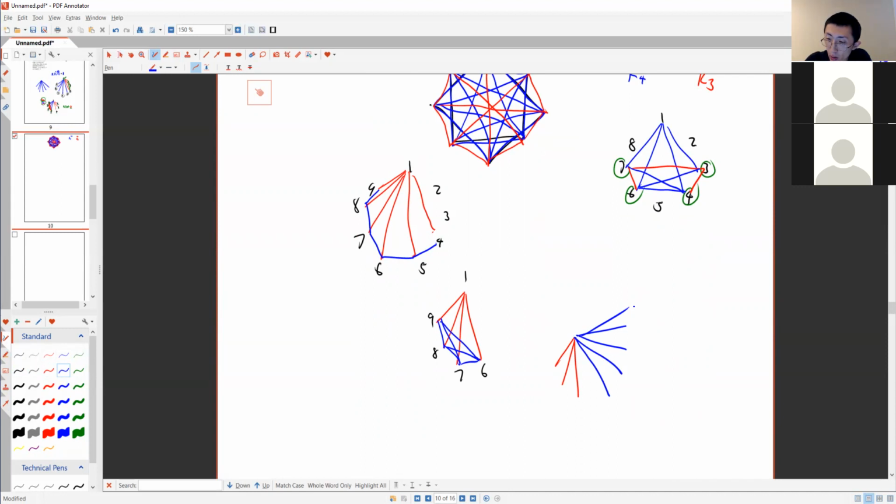So we can't have any blue triangles among these, or it would make a blue K4 with 1. And we can't have any red triangles among these either.